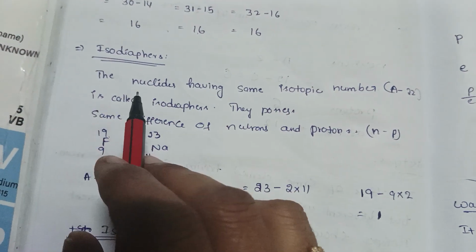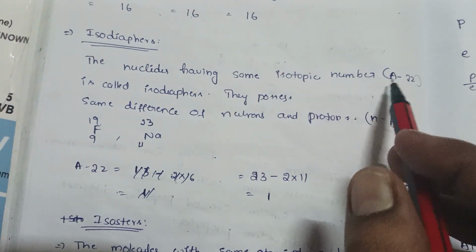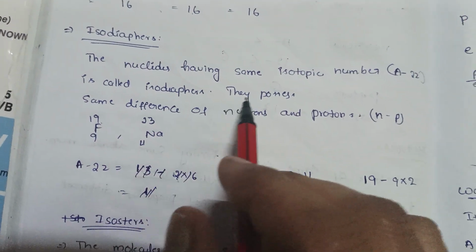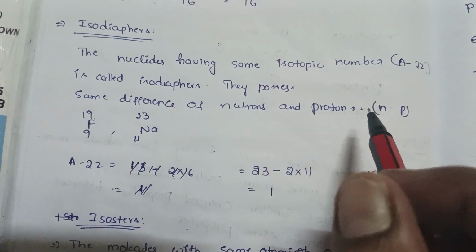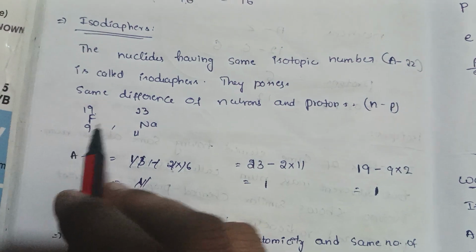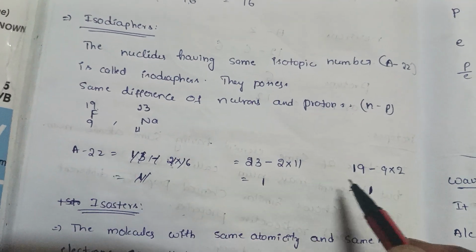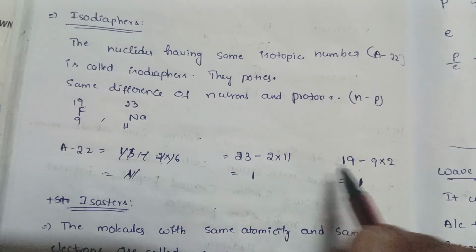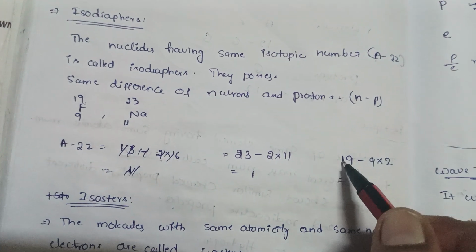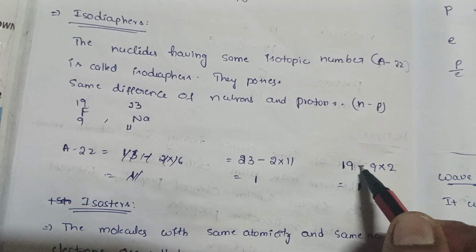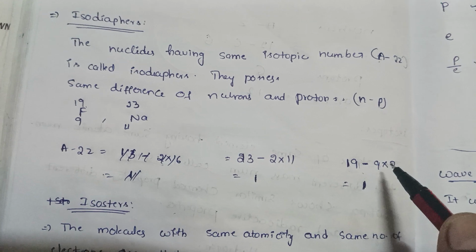Isodiaphers are defined as the nuclides having the same isotopic number. They possess the same difference of neutrons and protons. If we take fluorine and sodium, the isotopic number is the mass number A minus 2 into Z. 19 is the mass number for fluorine and 2 into 9 for atomic number.